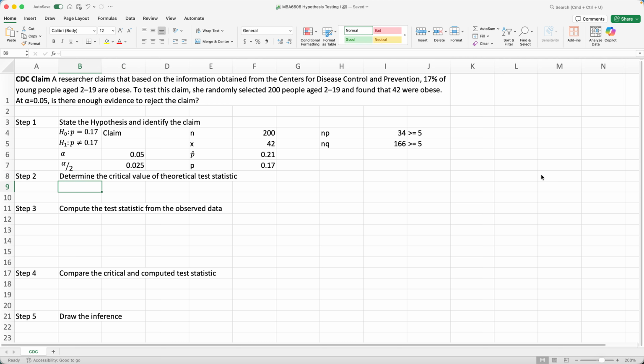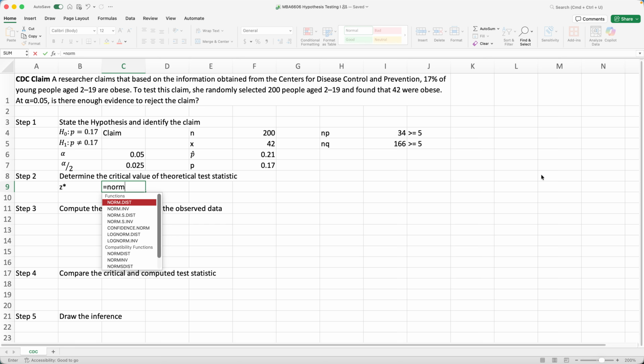Now we are going to determine the critical Z star, the critical value, corresponding to 97.5%, leaving 0.025 in the right tail and 0.025 in the left tail, is equal to norm dot s dot inverse of 1 minus 0.025.